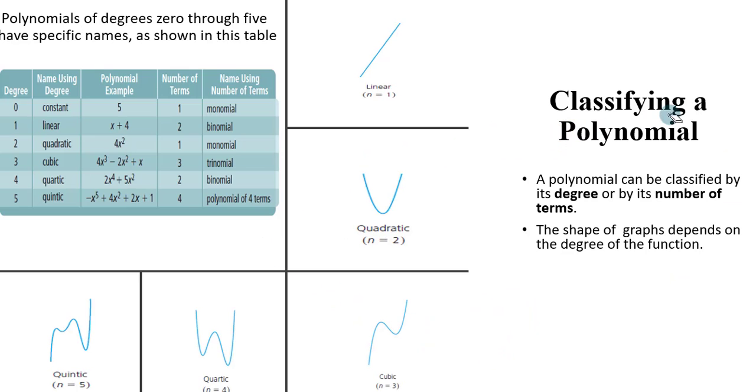So how can we classify a polynomial? To classify a polynomial, we need to look out for two things. One is its degree and the other is the number of terms.